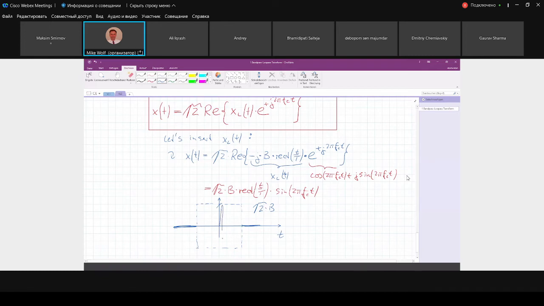So this is our signal in the bandpass range, which belongs to this signal in the low-pass range, which is just a rectangular pulse with a certain phase. Sorry for this drawing, but you can see what happens. You see, it's much more difficult to draw this in the bandpass range. This is x of t.